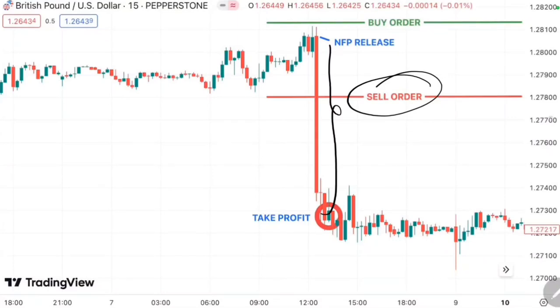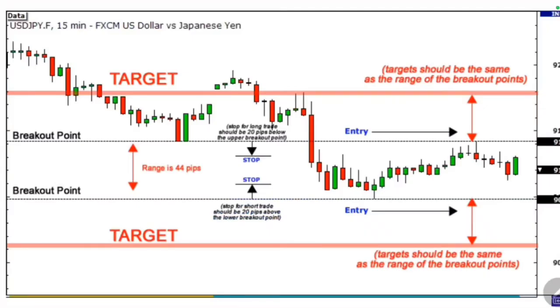Okay, you just have to follow the rules, know where the market is just slightly a few seconds before the news is released. You place your buy stop order and sell stop order like 30 seconds before the news is released, and you wait for the market to activate any of those and hit your take profit. Okay, so in essence, this is how this strategy works.